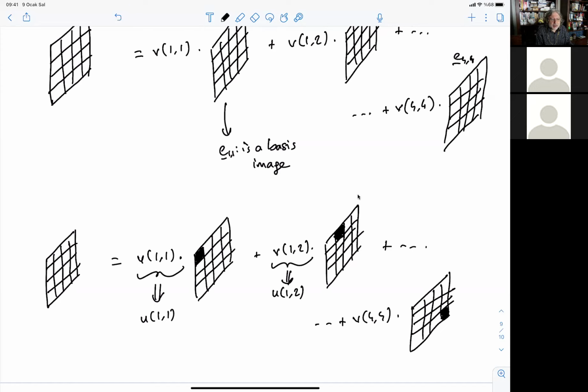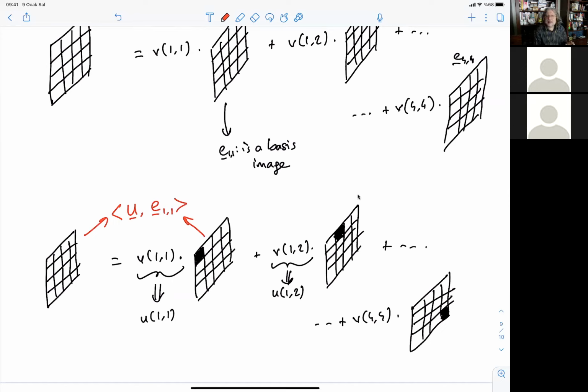And by the way, why is this U11? Let's say that this is V11 and U11 is this corner pixel. How do we evaluate this thing? By taking the inner product of this and this, which is the inner product of U and E11.